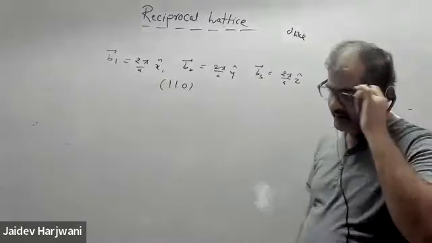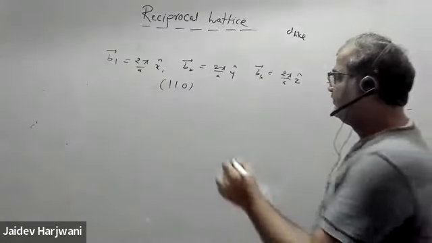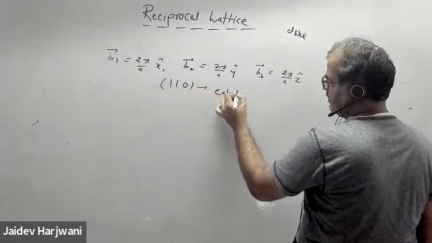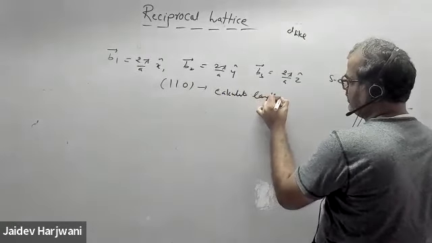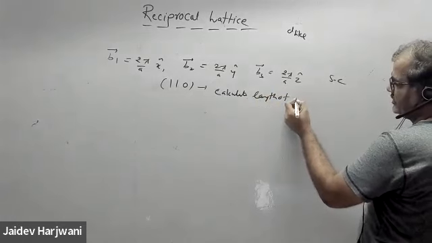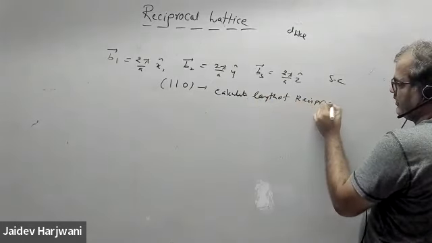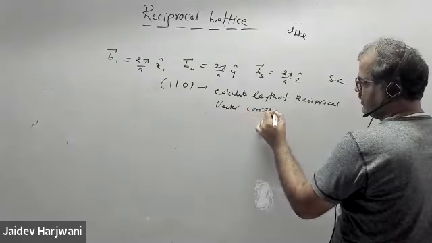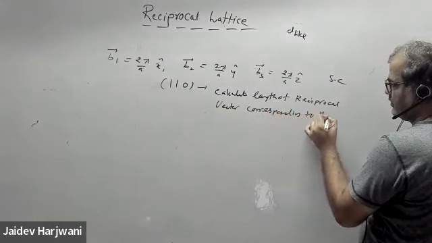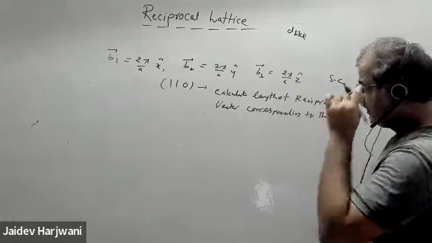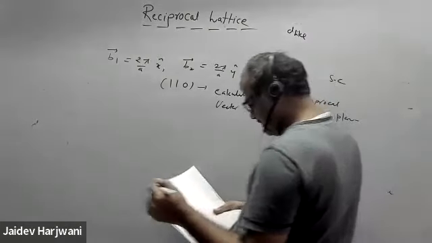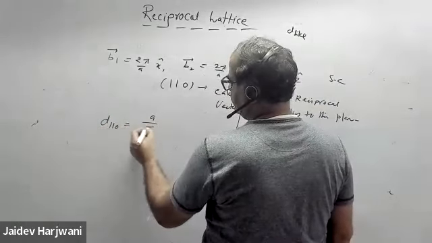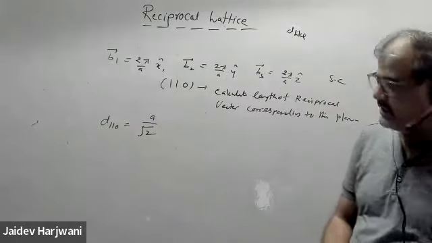Now calculate the length of the reciprocal lattice vector corresponding to this plane. If I want to calculate d, D110 will simply be a by root 2. Right or not?